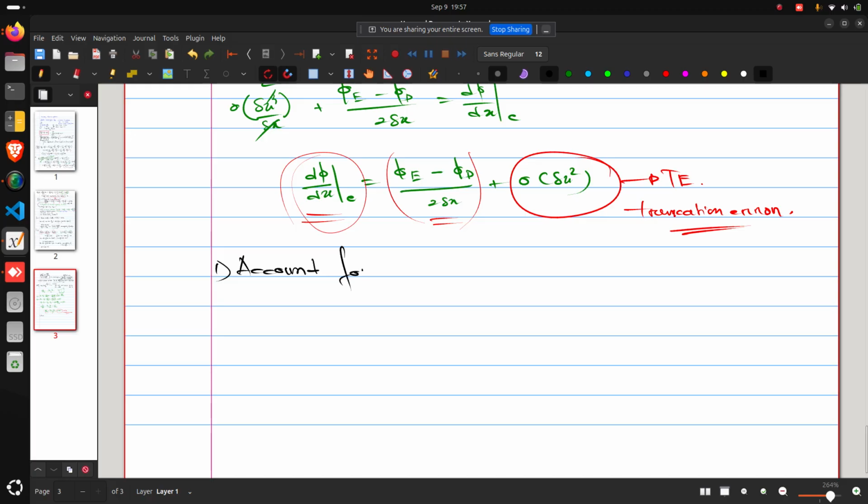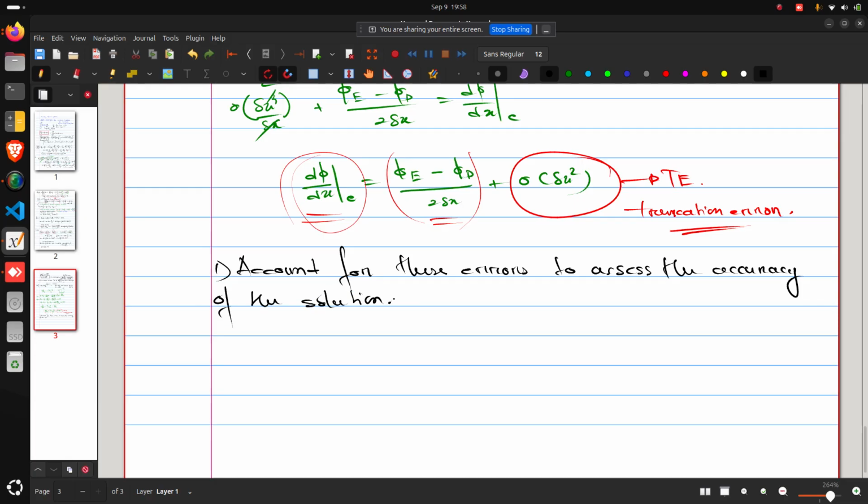to assess the accuracy of the solution. Okay, so for example we have the delta x value of 0.001, right?